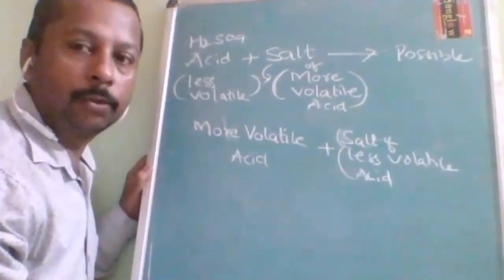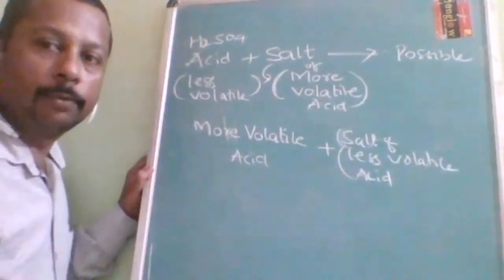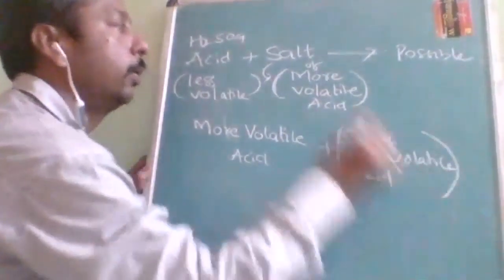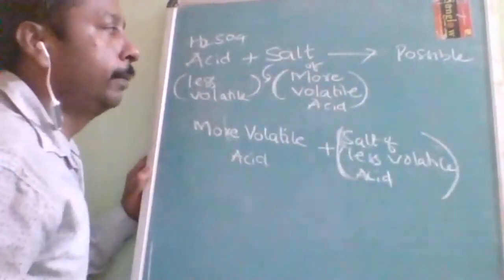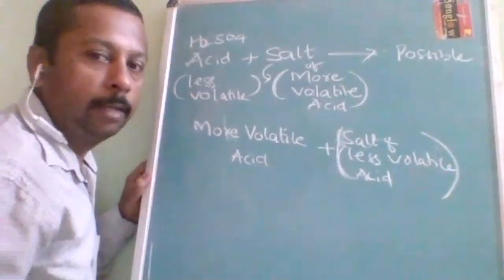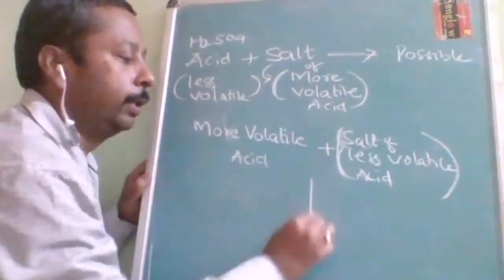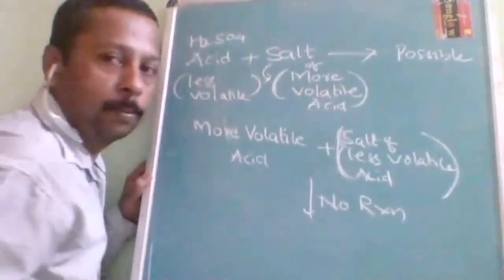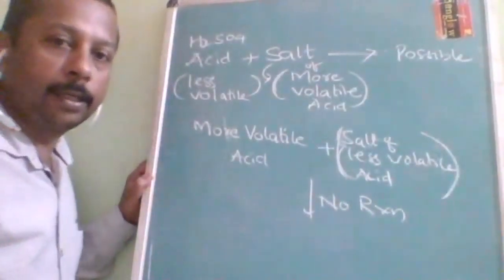For a reaction to be possible, the acid from which the salt is manufactured should be the more volatile acid. In this opposite case, there is no reaction. When no reaction takes place, is it understood?